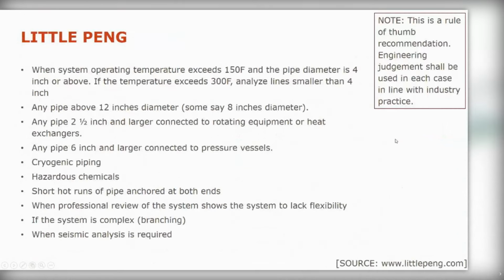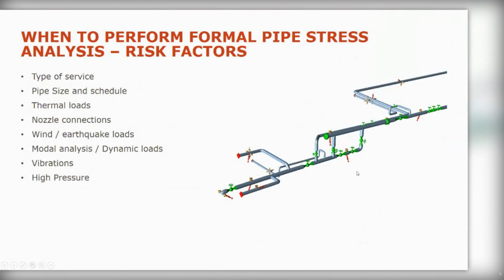But if you have something like this piping here, near impossible. Again, back in the day, people would use all sorts of different rules of thumb, nomograms and approximations, but it would not really compare with what you can get out of a pipe stress analysis in terms of accuracy and less conservatism.